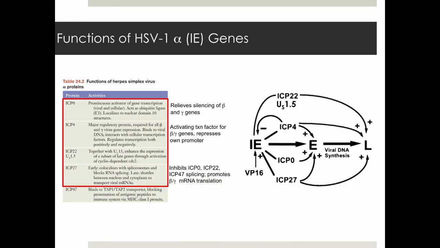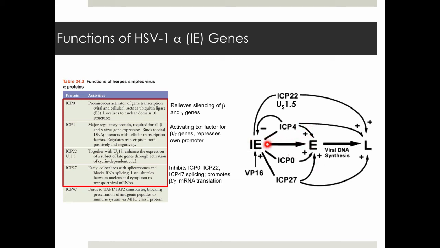What are those immediate early genes? These are lots and lots of them. The ones we mostly care about are ICP0 and ICP4. These are the main regulators of the early genes.